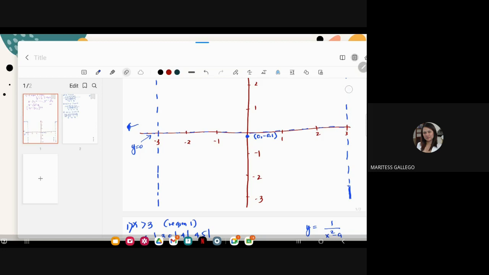Okay, pwede bang mag-adjust lang ako ng konti? Adjust ko lang. Okay, so nasa 2. Ayan. So, nasaan yung ating asymptote? Nasa 3.